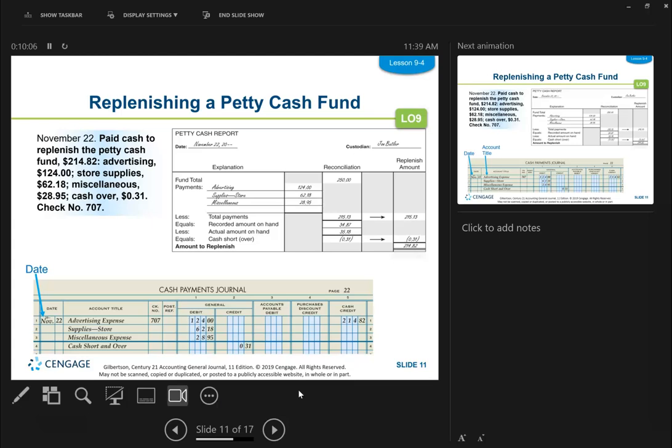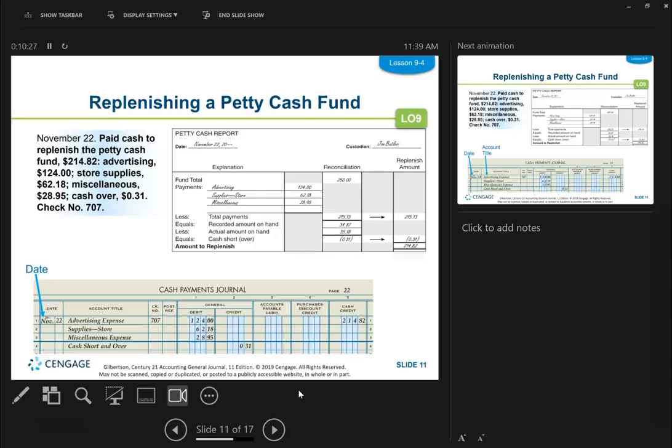So notice that the date here, we're getting 4 transactions with the same check on that date. Notice we don't give a separate date for each of those 4 things that are happening, or a repeated check number for any of those 4 things. We do it just once for the first one.